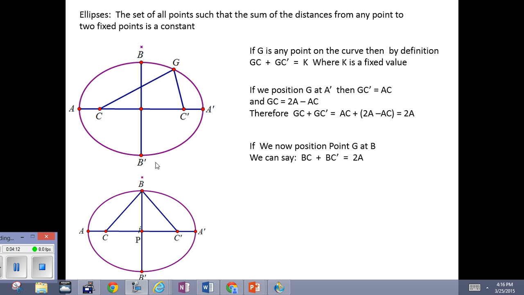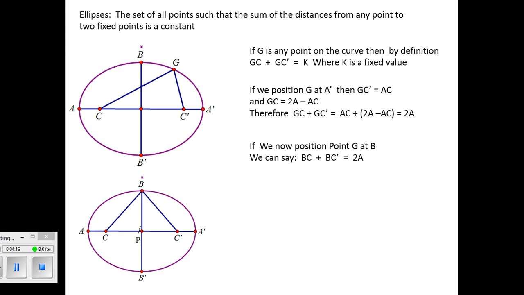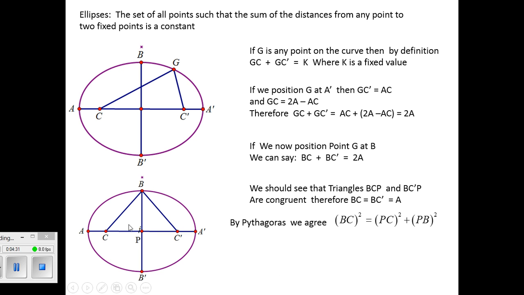BC, as we agreed from the previous Geometry Sketchpad model, was going to be equal to A. So BC and BC prime, since they're congruent, are both equal to A. PB is half the minor axes.